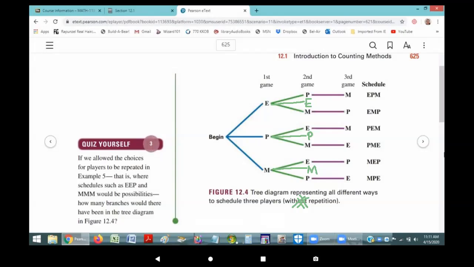And our third game would again be 3 possible choices for each of the previous outcomes, where any of E, P, or M could be chosen again.